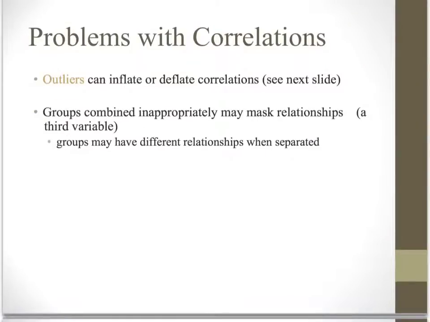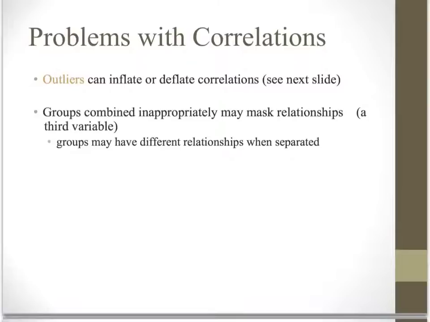And here are some problems that we have with correlations. Outliers can really inflate or deflate the correlation, and we'll show that on the next slide. So we really have to be careful with outliers and look at if we can have the grounds for taking them out. And if you combine groups inappropriately, you may mask relationships, like a third variable.